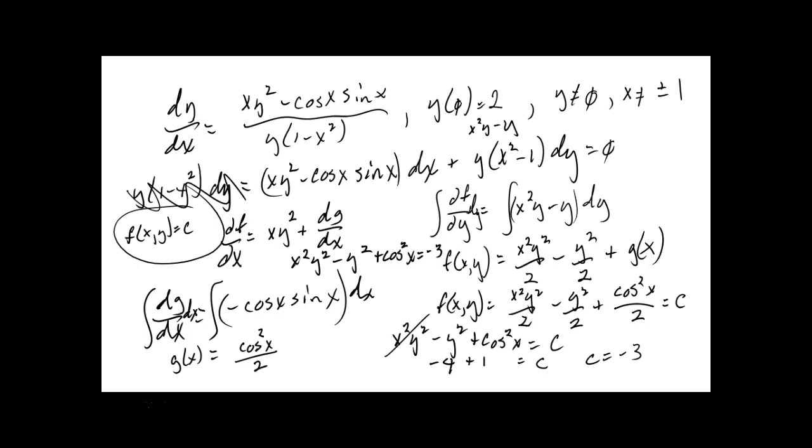They wrote theirs as y squared, they factored that out. But rather than x squared minus 1, they went back to 1 minus x squared and multiply that by -1 minus cosine squared x is equal to +3. Both of those are perfectly good, correct, exact answers.